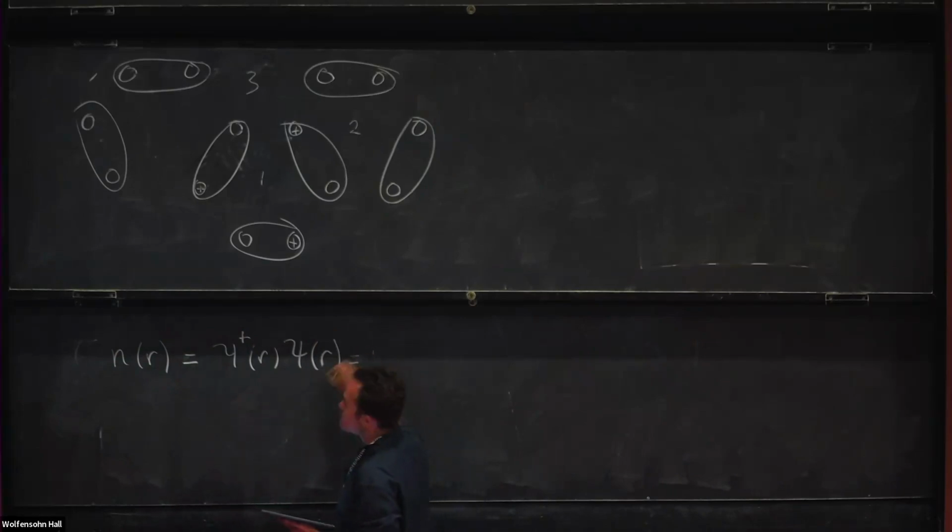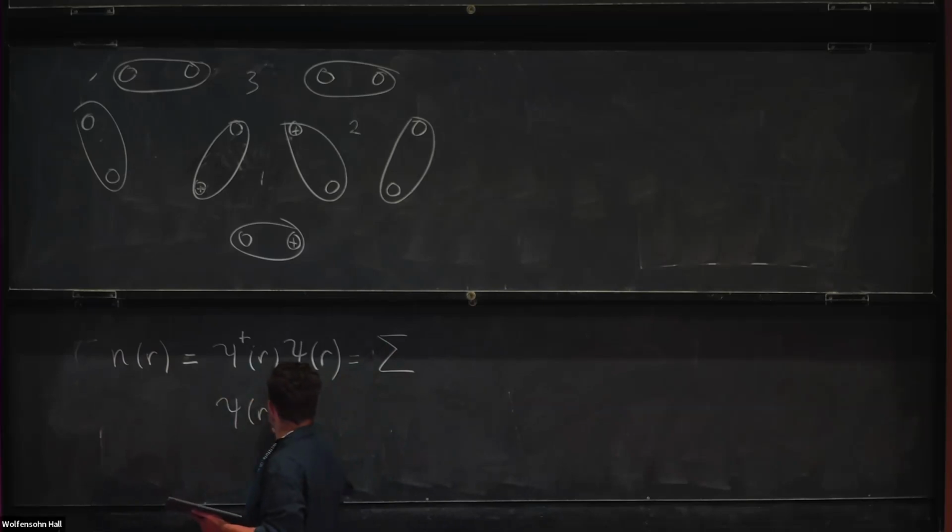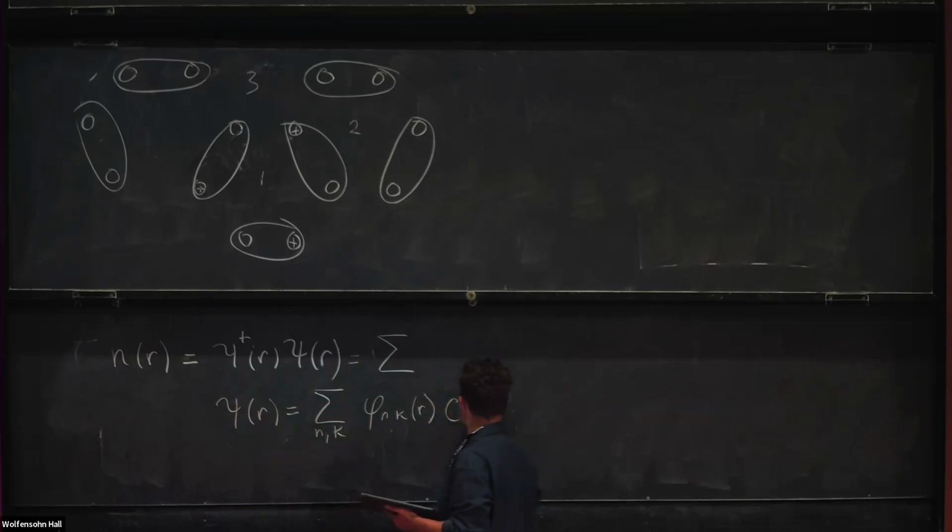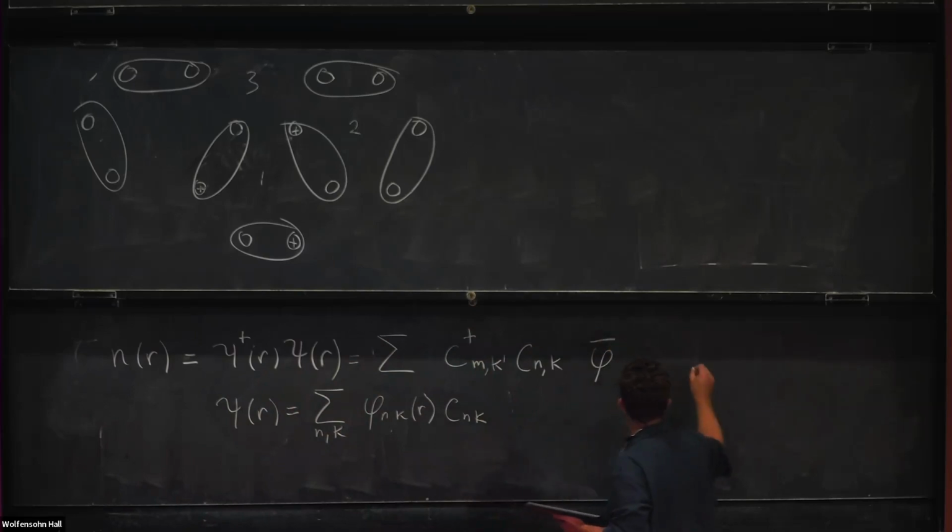And then I can substitute in that the field operator, psi(r), is a sum over bands and momenta of phi_nk(r) c_nk. So when I then go to compute the density, this is something like c dagger_mk prime c_nk phi bar_mk'(r) phi_nk(r).